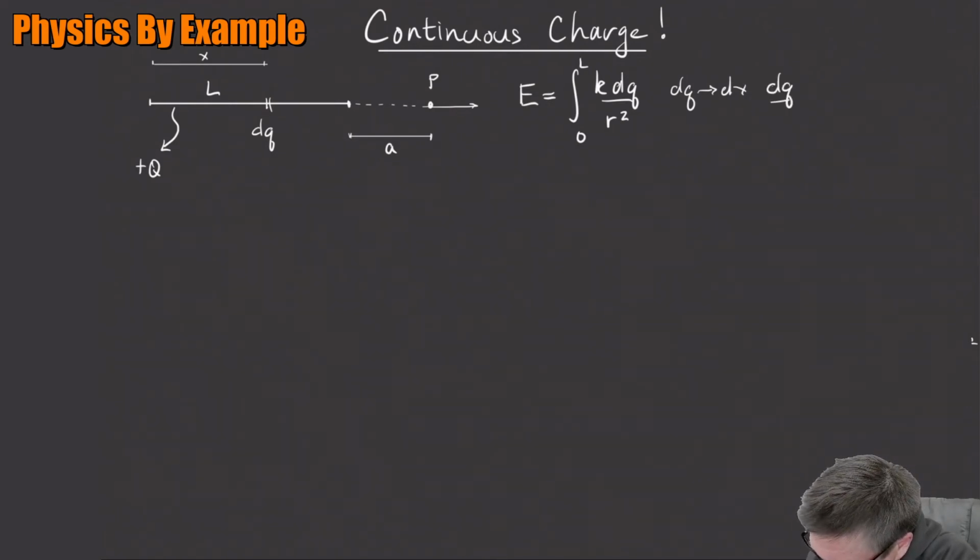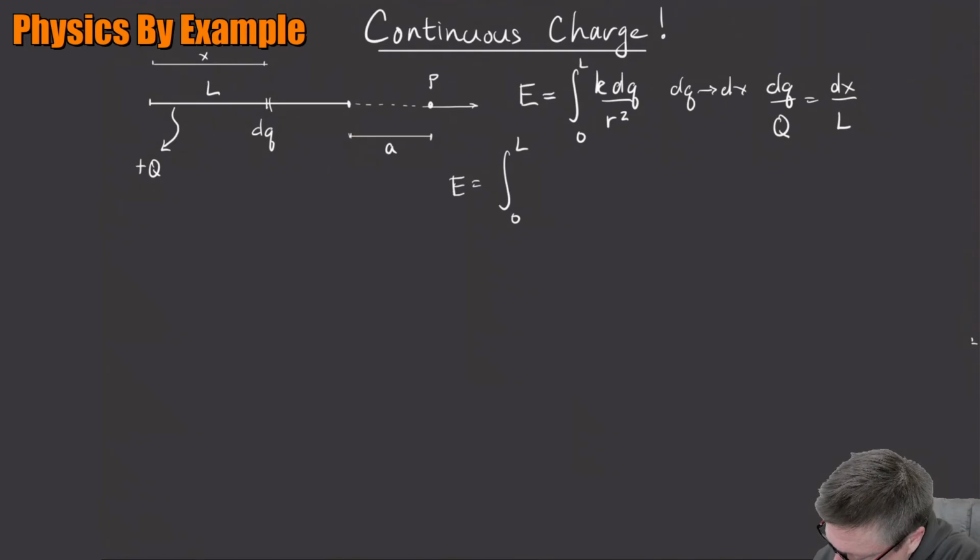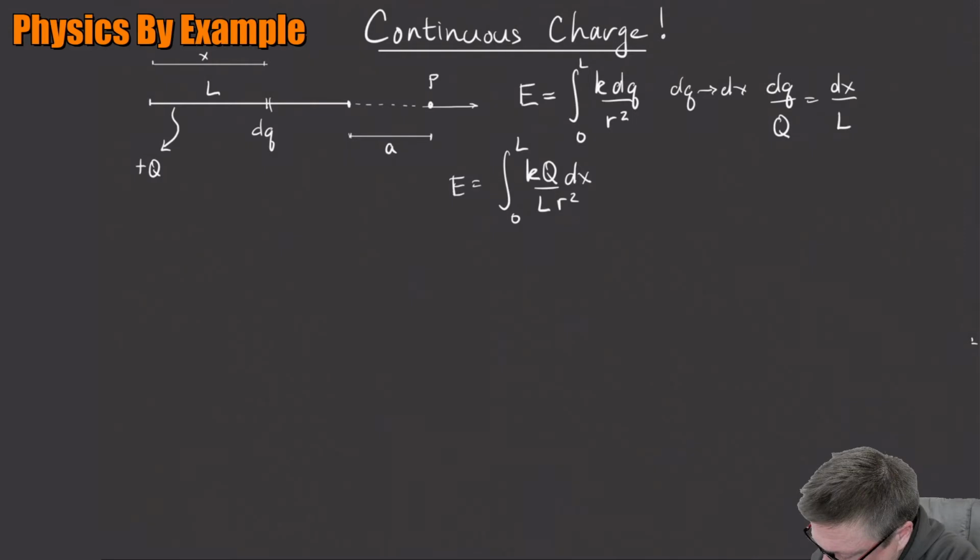A little bit of charge compared to the whole charge is like a little bit of length compared to the whole length. How about that? That's not bad. So my electric field is going to be the integral from 0 to L. I'm going to have kQ over L. There's my dq becomes my dx now. I'm going to have my r squared on the bottom.